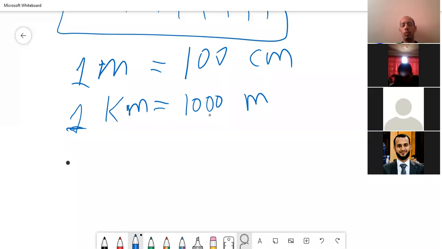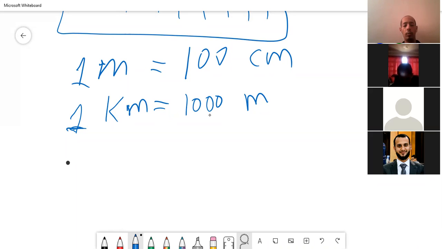I'm not sure how many yards are in 1 kilometer. For mile, I think 1 mile equals 1 kilometer and something like 30 meters. 1 mile is bigger than 1 kilometer, but for yard, I don't know.